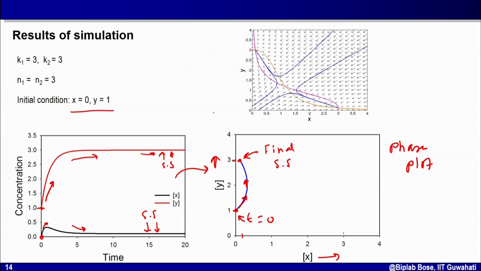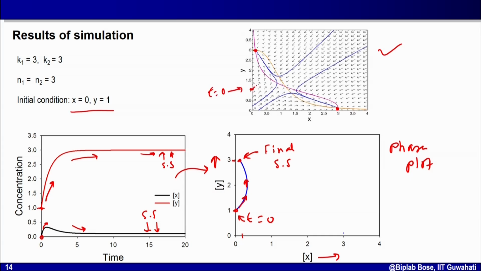If I look at the phase plot that we have drawn a few slides before, this is my steady state here, this is another stable steady state here. Now I am starting from this position, y equal to 1, x equal to 0, that is my t equal to 0 position.